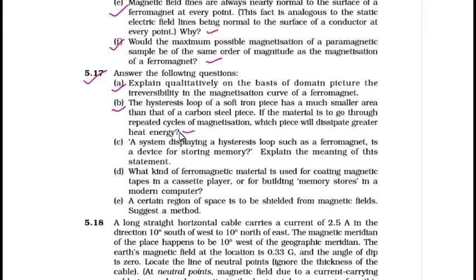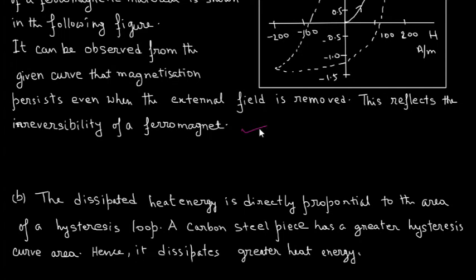Let us see the solution. The dissipated energy is directly proportional to the area of the hysteresis loop. A carbon steel piece has a greater hysteresis curve area, hence it dissipates greater heat energy. Let us see the next question.